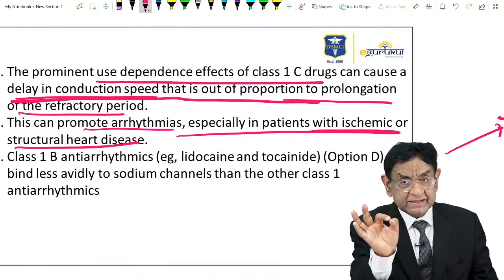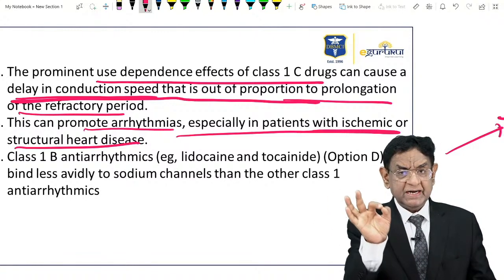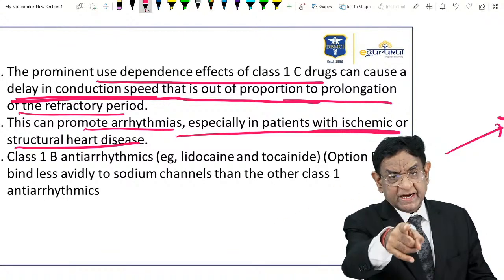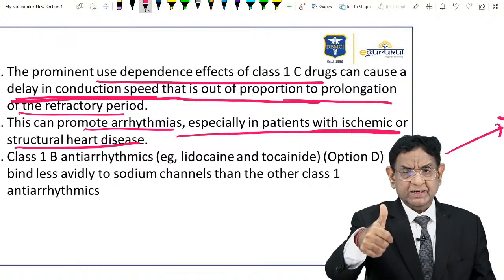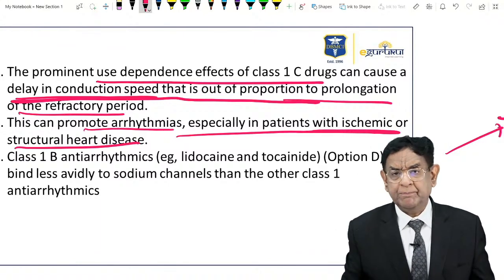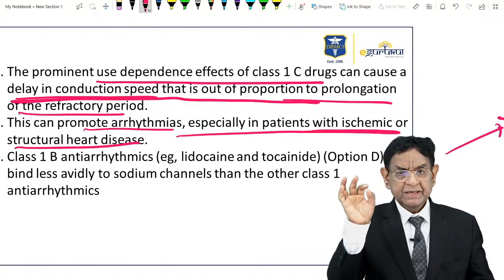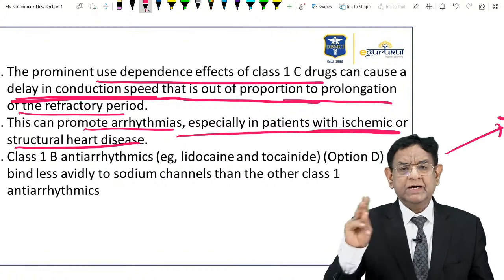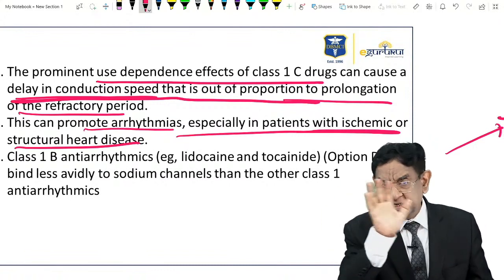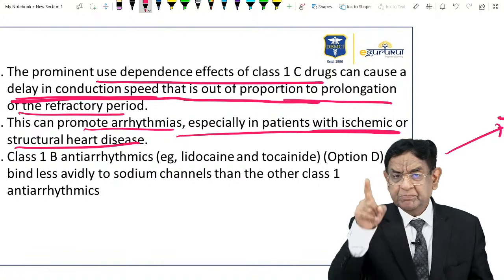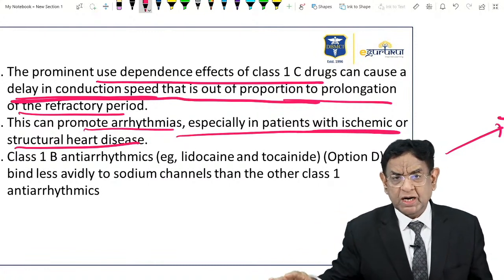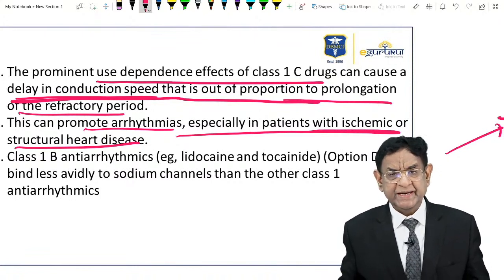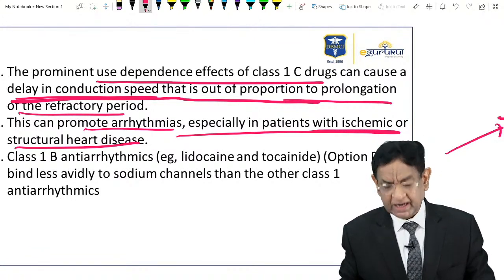So the summary is, which antiarrhythmic drug should not be used in ischemic heart disease? Flecainide. Flecainide is a very powerful sodium blocking drug. Number two, it doesn't change the duration of action potential, but it can extremely slow down the conduction in the ischemic tissue, and that's why it should never be given in ischemic heart disease.